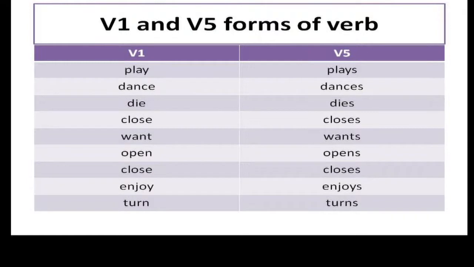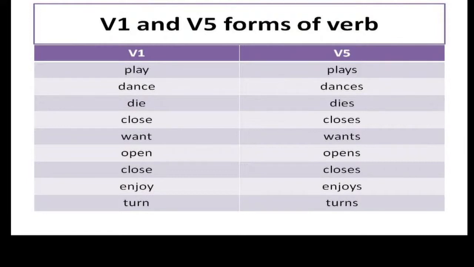Verb 5 form of play is plays. S is only added. Dance, dances. S is added. Die, dies. S is added. Close, closes. Want, wants. Open, opens. Enjoy, enjoys. Turn, turns. These are some of the verbs.